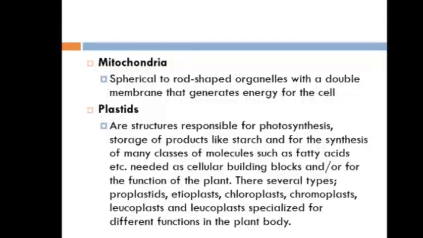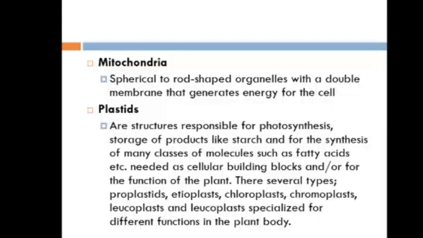Also there are the plastids. Plastids are structures responsible for photosynthesis. We know about photosynthesis, we have covered it in Form 2. It is a structure responsible for photosynthesis, storage of products like starch, and for synthesis of many classes of molecules such as fatty acids, etc. So katika plastid inakuwa responsible first for photosynthesis.